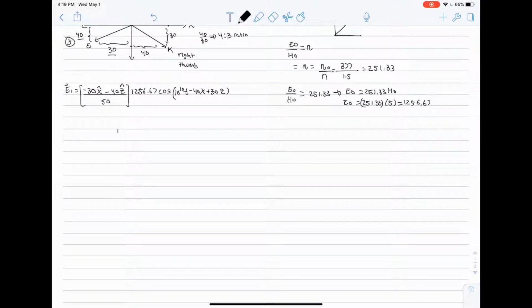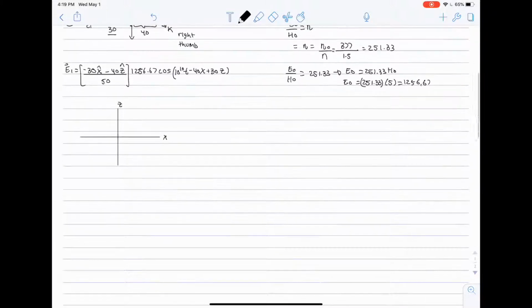To figure out E2, we draw our axis again. Again, we label it X and Z for the reasons explained earlier. Y is positive, Y is into the board. H is also into the board.